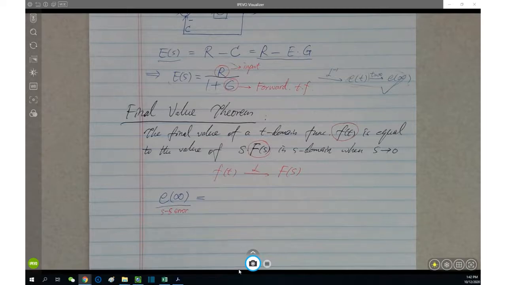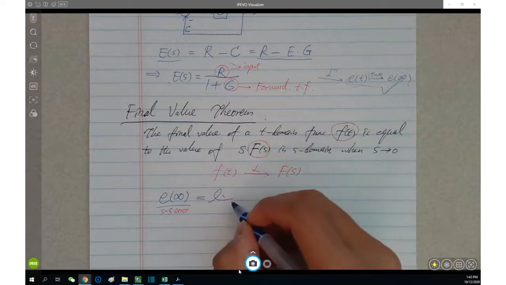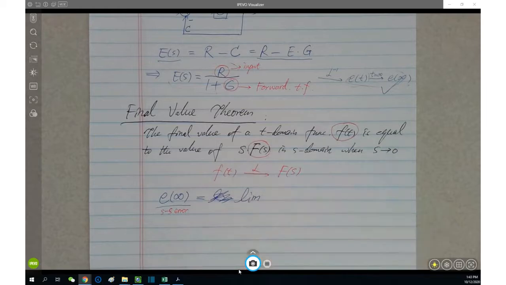So if you're saying e of t at infinity, that should be equivalent to s times big E of s evaluated at s equals 0, right? Yes, basically he is right. But first of all, it is a limit.